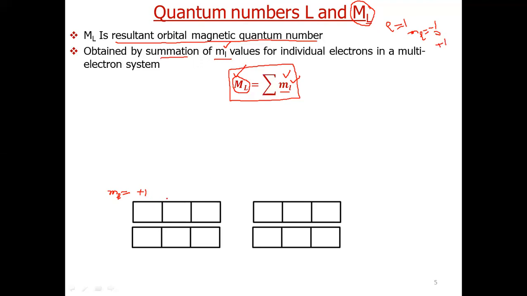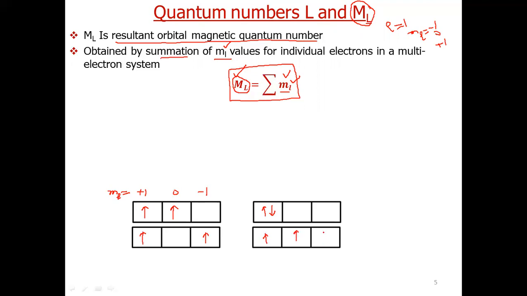So this is with ml +1, this is with ml 0, this is with ml -1. This applies to all these sets. So let us draw a configuration. I will draw simple configurations. Suppose we have some different configuration. I have this configuration, and suppose I have to calculate it for this system.